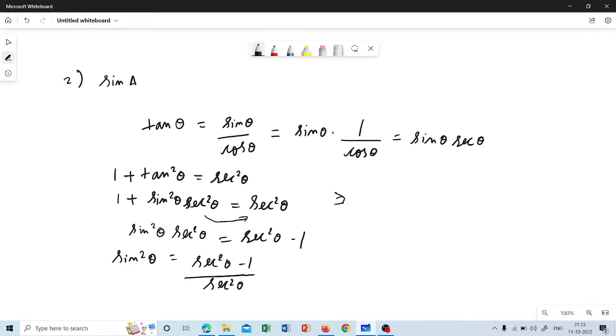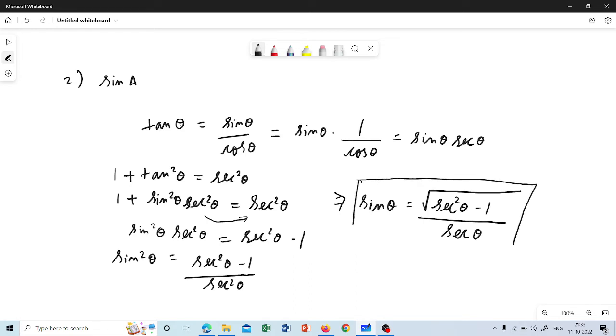I will get sine theta is equal to root of sec square theta minus 1 by secant of theta. So this is sine in terms of secant theta. I hope it is clear. Similarly, I can do it for cos and also for tan. Let us try doing it.